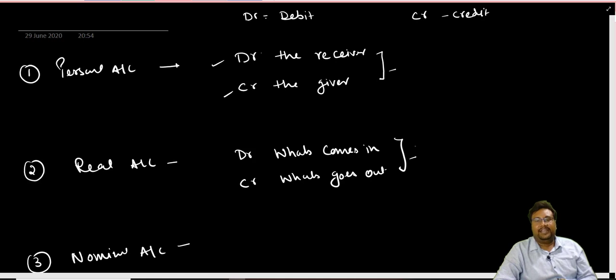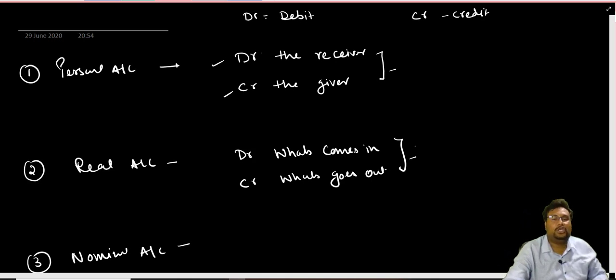For example, if we are purchasing goods for cash, goods are coming in, so goods will be debit. Cash is going out, so cash will be credit. Getting my point?